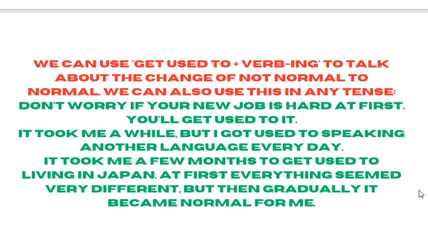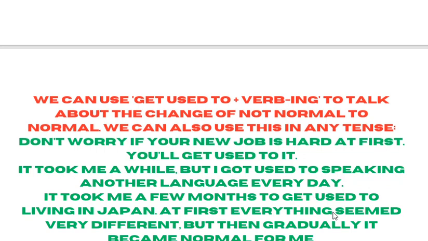At first everything seemed very different, but then gradually it became normal for me. At first, all the things were different for her, but then slowly, over a period of time, it became normal for me.